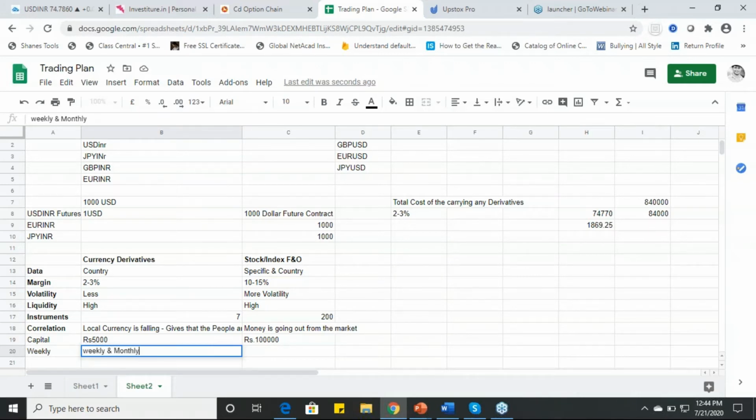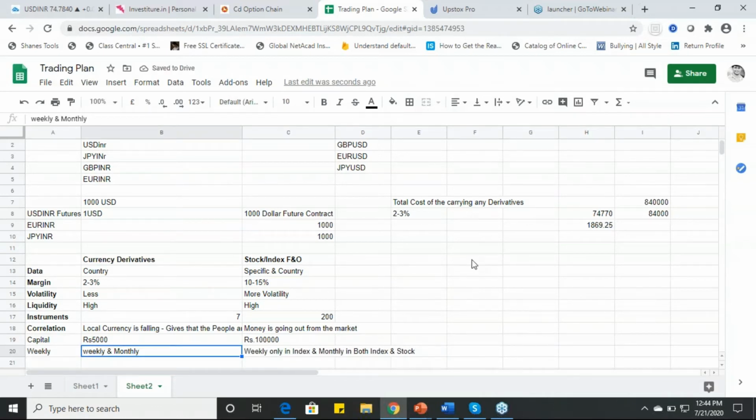That is another amazing thing about the currency market. Here you will get weekly and monthly, but in index only weekly, and monthly in both index and stocks. So as you can see, in currency you get the option of weekly.